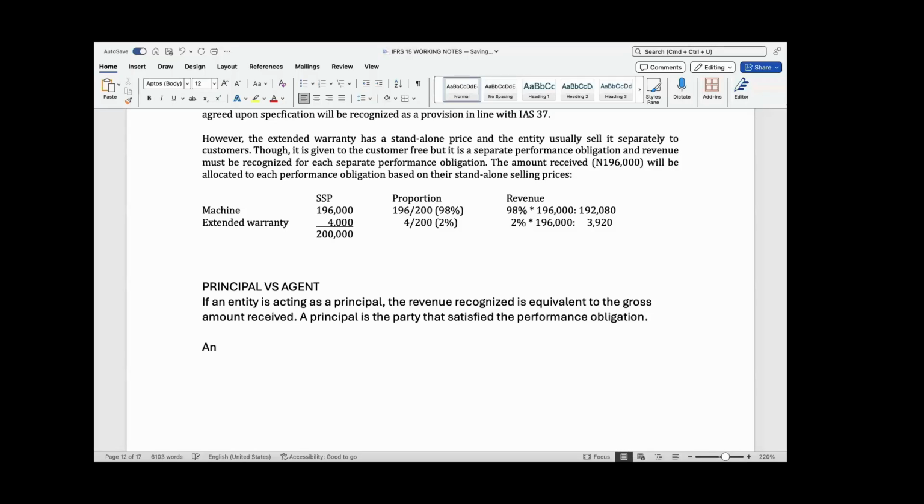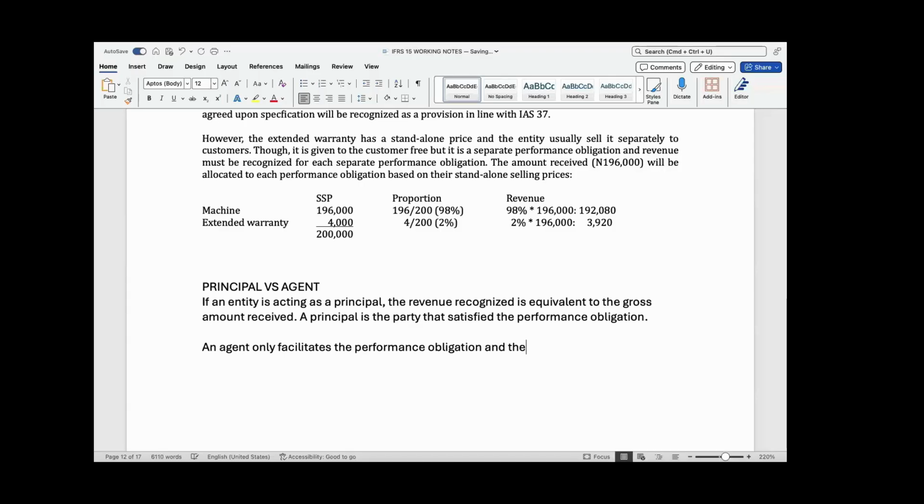But an agent only facilitates the performance obligation in whatever way, but he's not the one satisfying it, he's in the middle. He facilitates the performance obligation.